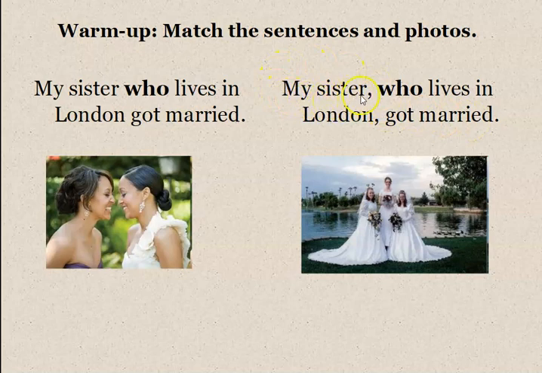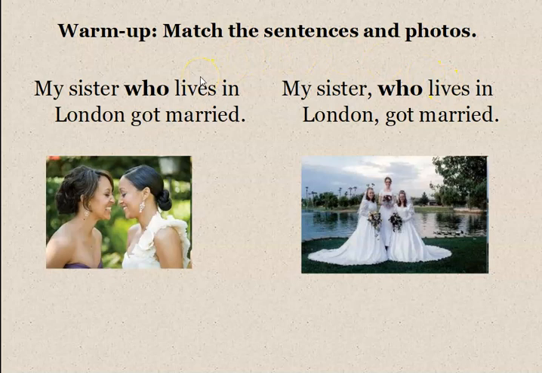My sister, who, by the way, lives in London, I'm telling this as additional information for you, got married. So the initial sentence could have been my sister got married, and we added extra information that my sister lives in London.